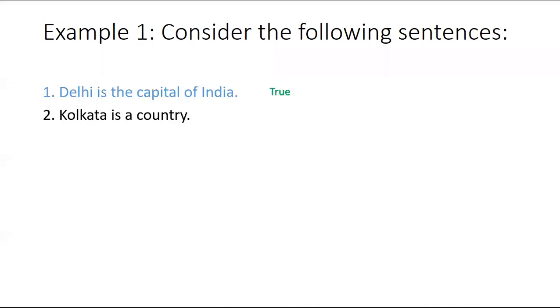Second one: Kolkata is a country. True or false? False. Next: 5 is a prime number. True. 2 plus 3 is equal to 4. False. These kinds of statements we are going to take as propositions or statements.